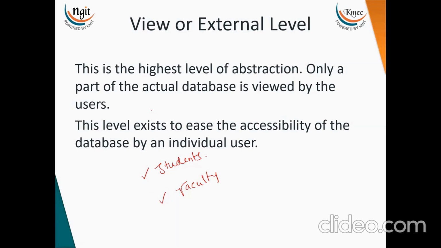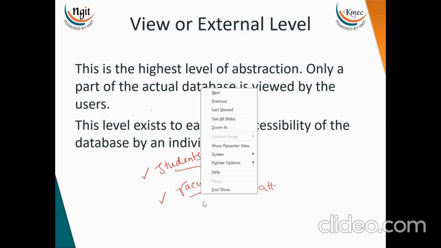So what can students view and what can the faculty view? The view for the students is different from the view of the faculty. For example, if the student wanted to know the attendance percentage, then only the attendance percentage is shown for the student. Whereas if the faculty wanted to know some details of the students, then what all things can the faculty do?